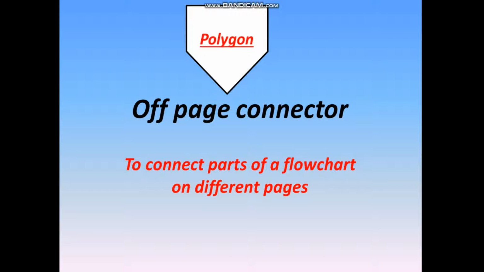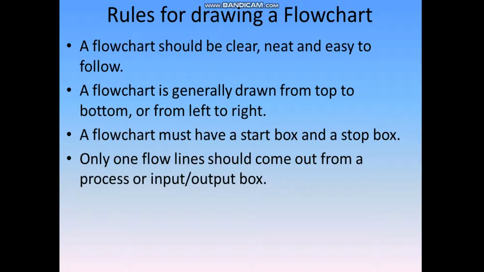Now, we will see some of the rules for drawing the flowchart. The first rule is a flowchart should be clear, neat and easy to follow. Whatever flowchart we are making, it should be very clear and easy to understand. It is basically not grammar based.